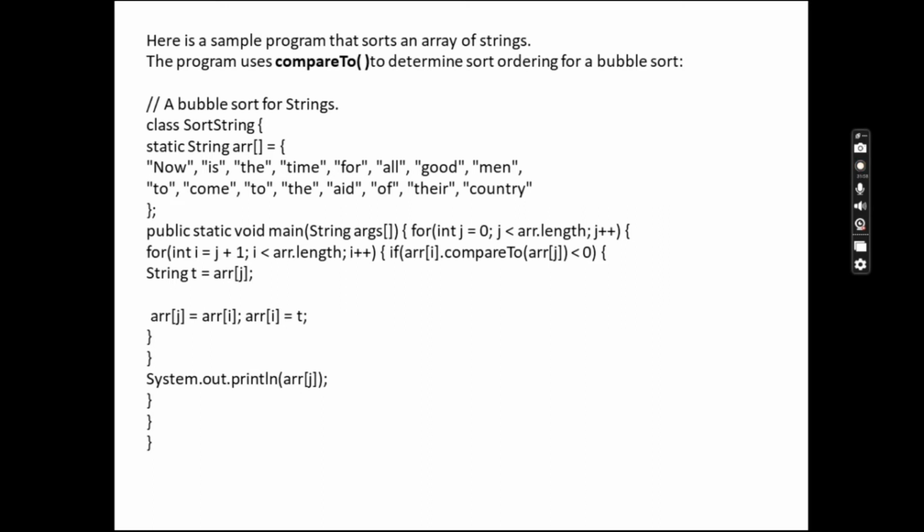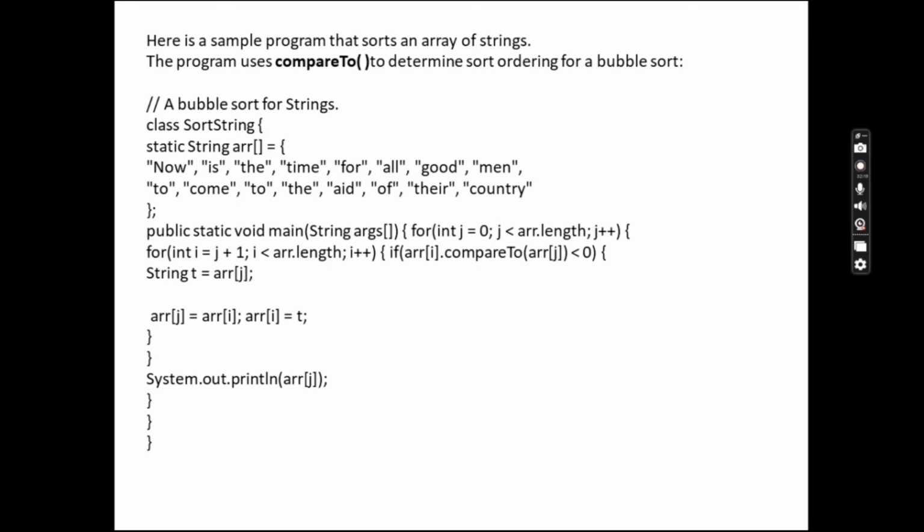For every particular string in the string array, what will it do? It will take the string, then compare that string with all the other strings, and it will sort the strings in dictionary order.